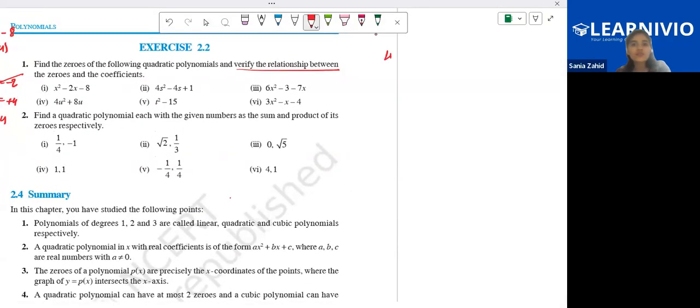So the second is 4s square minus 4s plus 1. How will you attempt this one? 4s square minus 2s minus 2s plus 1.